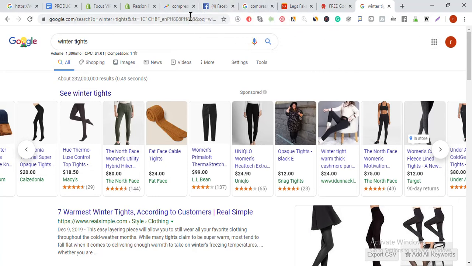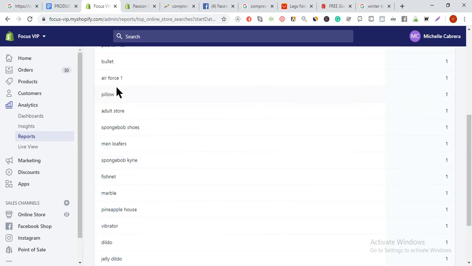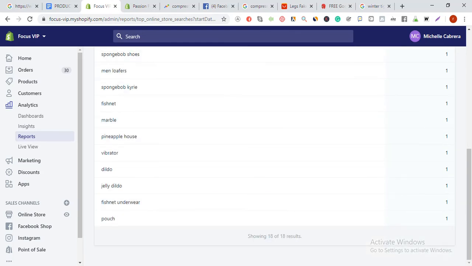So that's it for the non-specific niche kind of store. And there are other items here that you can actually try and play around with, like looking at the reports or the data of your store based on the searches that your customers are using.